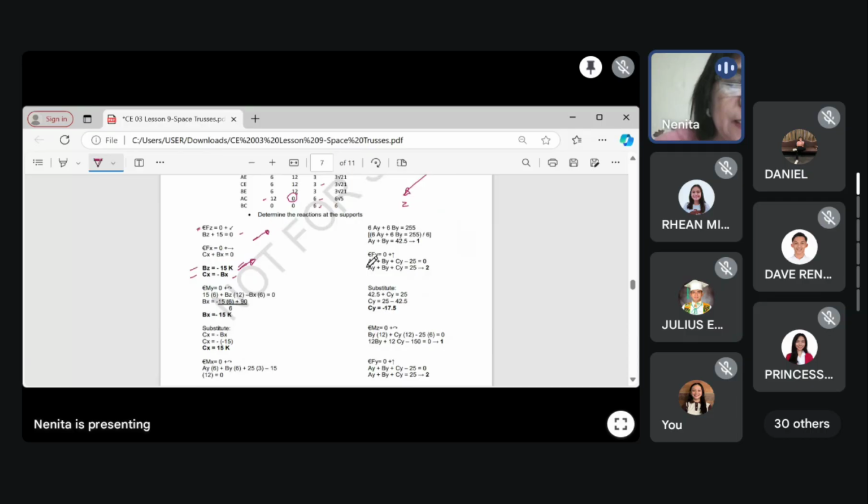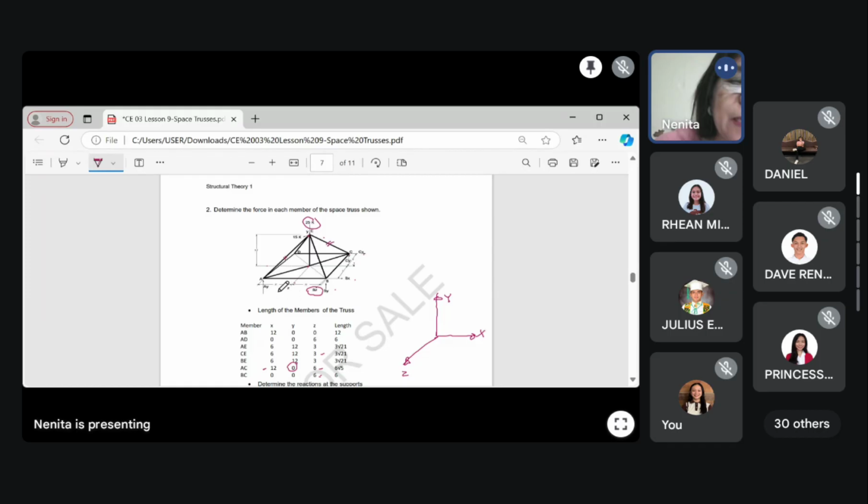we have already this AY, may perpendicular distance siya sa X, which is 6. Where's AY? This AY sa x-axis, ano? Alin bang x-axis natin? And that is 6. No? The 6. 6 ang kanya, ang distance ng ating AY.